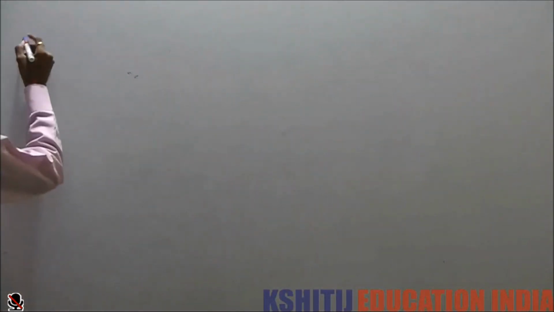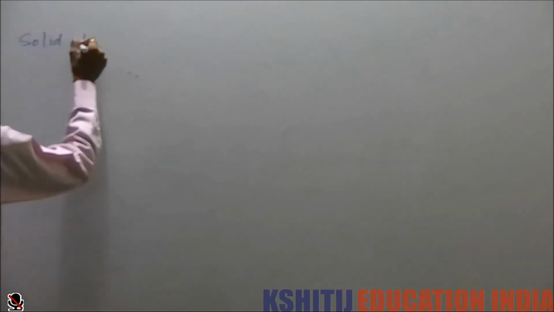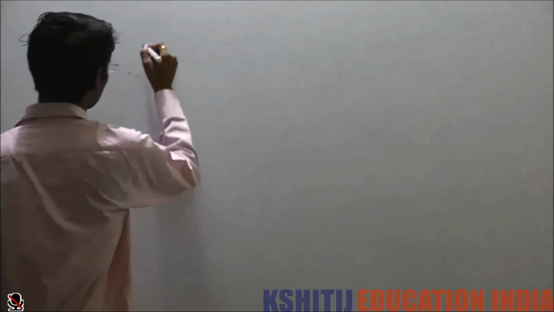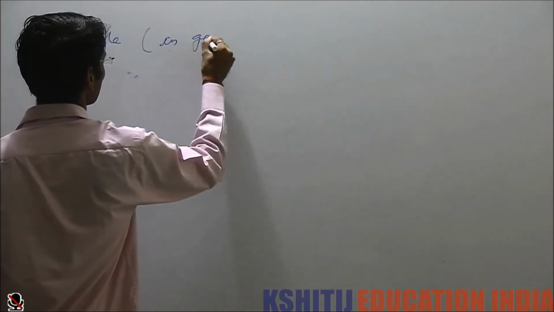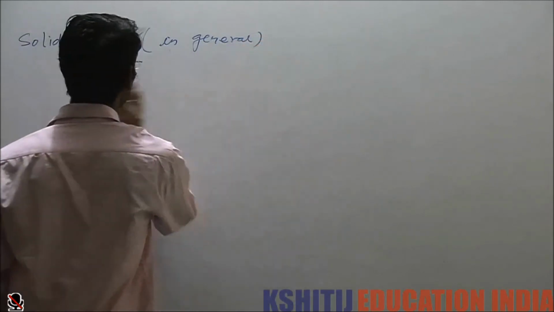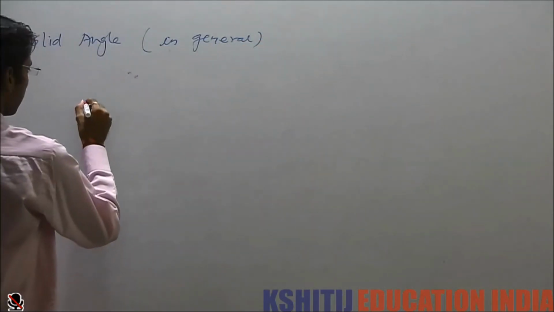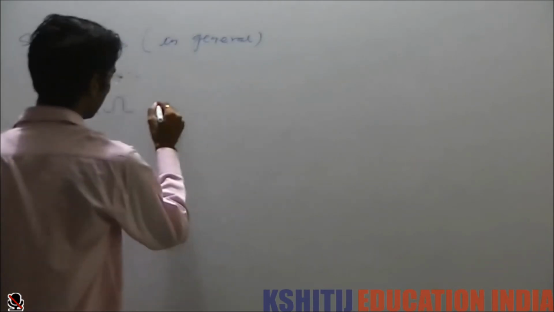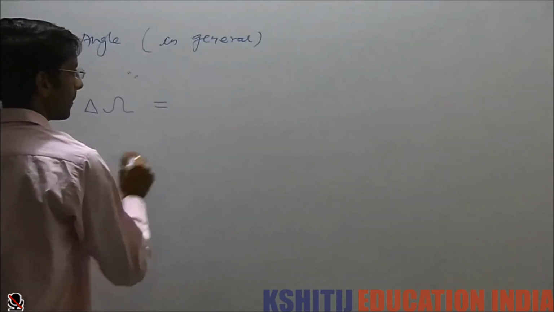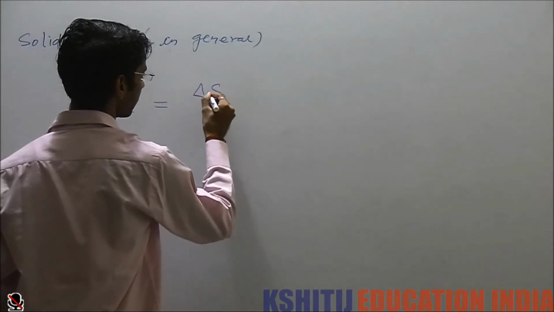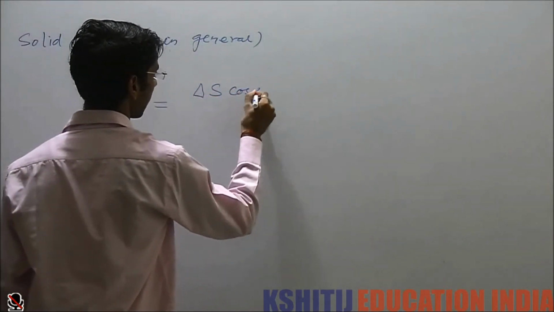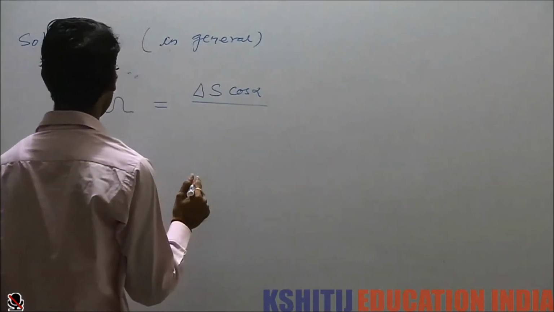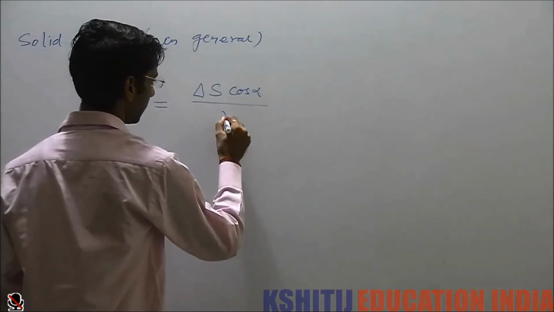Finally, we got solid angle for the general case. In the general case, delta omega is equal to the surface into the cos alpha divided by R square.